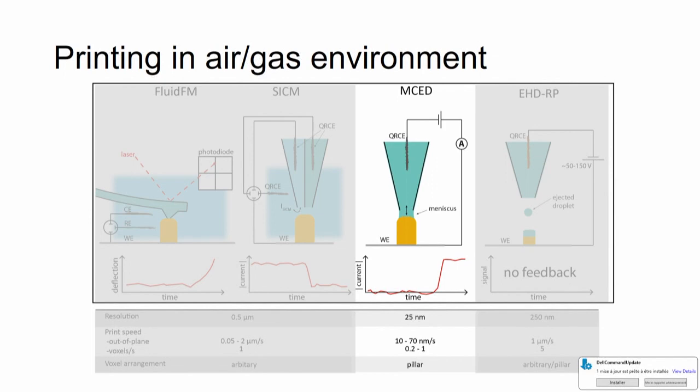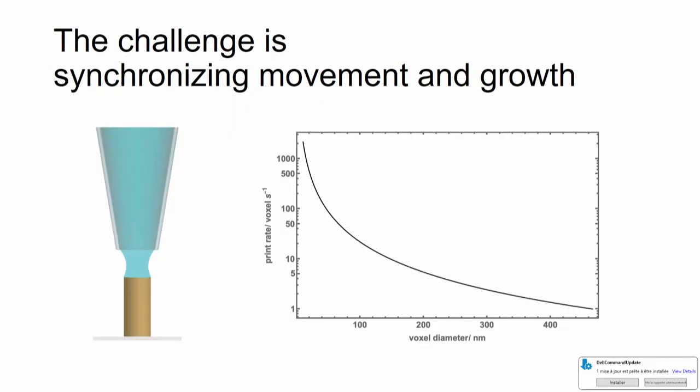And that seems to be rather trivial. However, as you start reducing the size of this nozzle, obviously this meniscus becomes smaller and smaller, leaving you much less margin for error, basically.